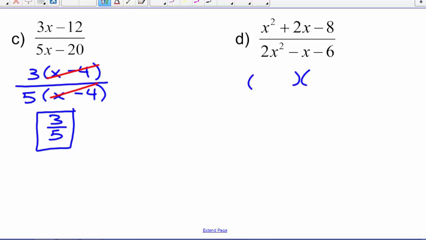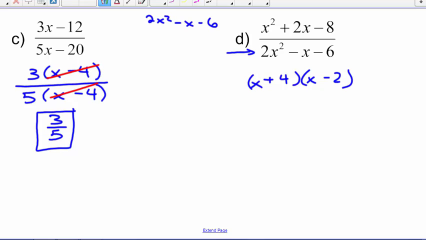So looking at D now. In D, I have to factor the top. So that factors into x plus 4 times x minus 2. Now I have to factor the bottom. Now, in this one, I'm going to do factor by grouping. The top one I did guess and check because it's a 1x squared, but in this one, I'm going to do factor by grouping.